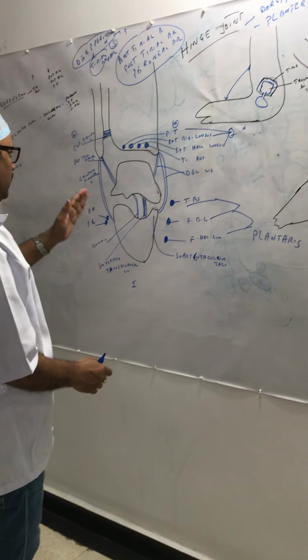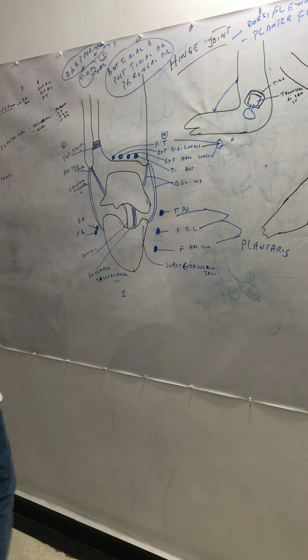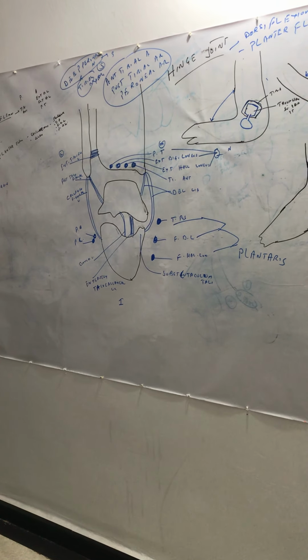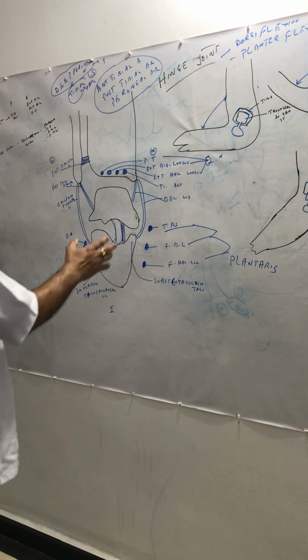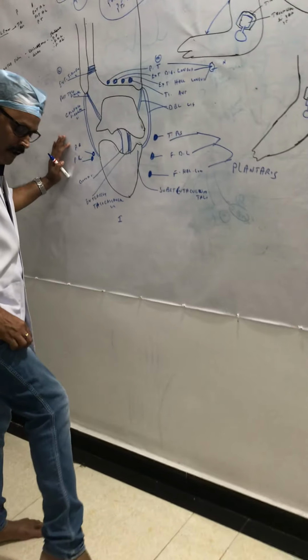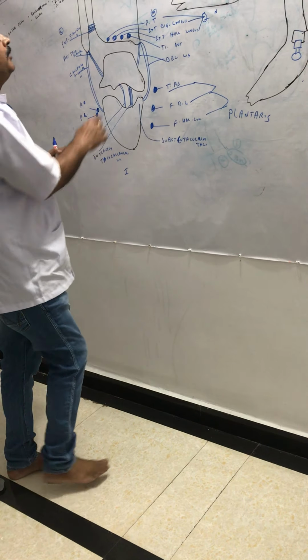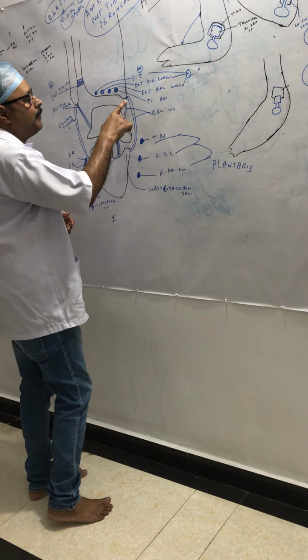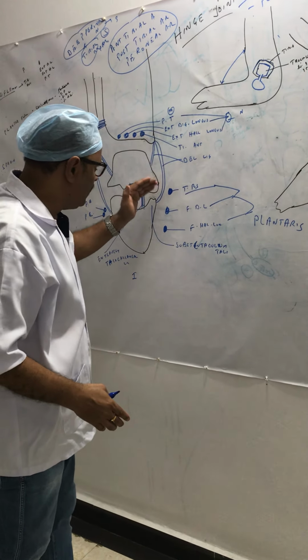But in reverse, if we do maximum eversion, then the medial ligament will be damaged.